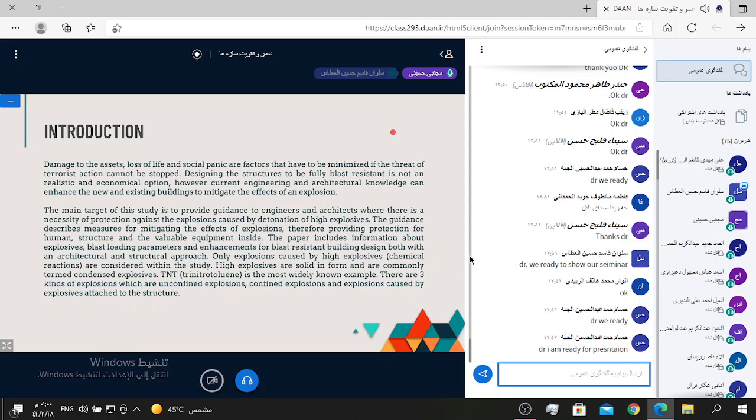Only explosions caused by high explosive chemical reactions are considered within the study. High explosives are solid in form and are commonly termed condensed explosives. TNT is the most widely known example.